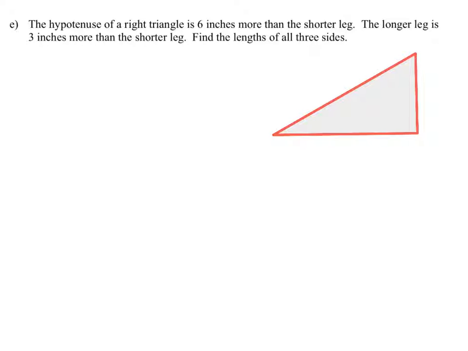The hypotenuse of a right triangle is 6 inches more than the shorter leg. The longer leg is 3 inches more than the shorter leg. Find the length of all 3 sides.